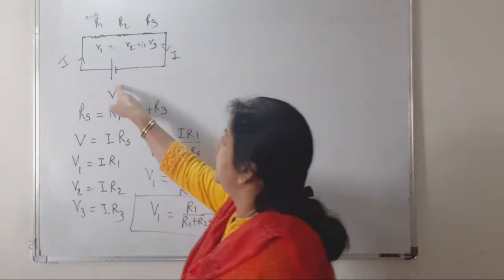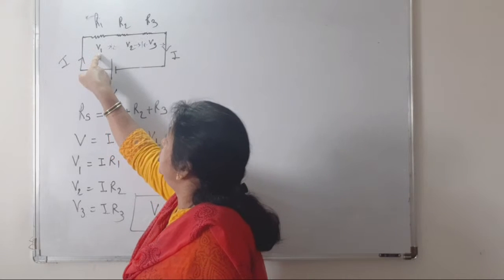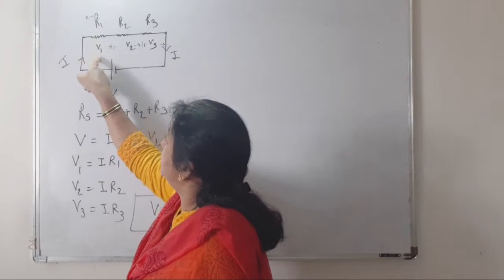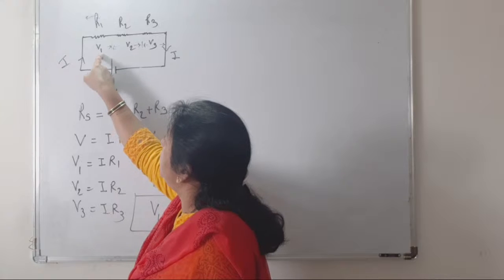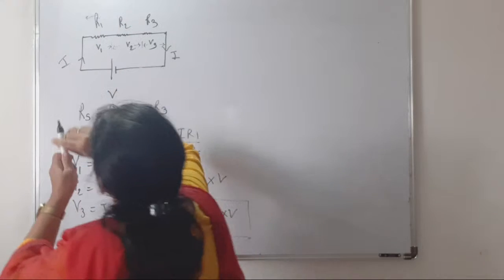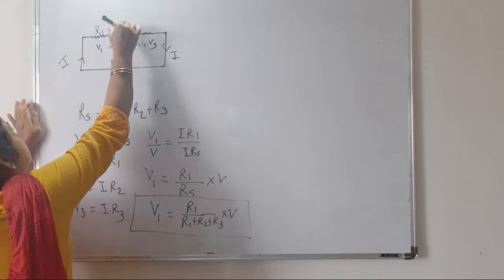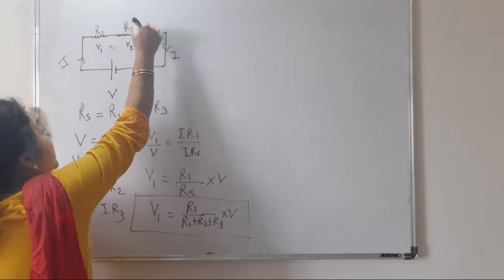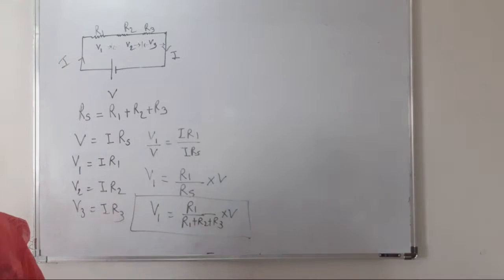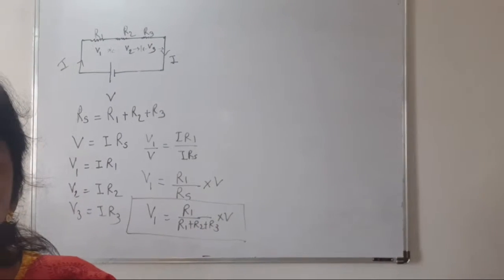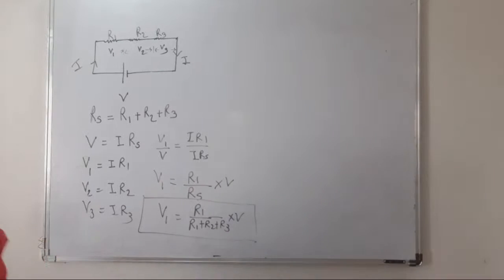What does potential division say? The potential drop across resistance R1 is given by V1 is equal to, do you see this? R1, R2, R3. This is your R1, this is your R2, this is your R3. Is it visible now? Okay.